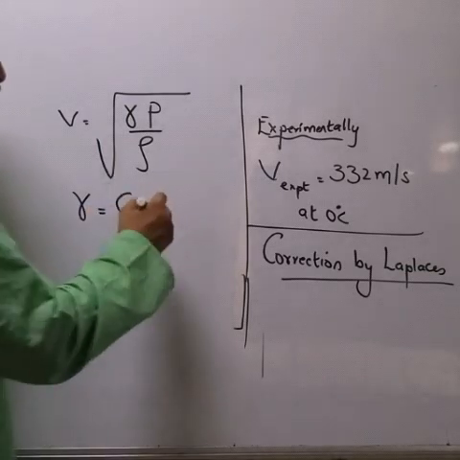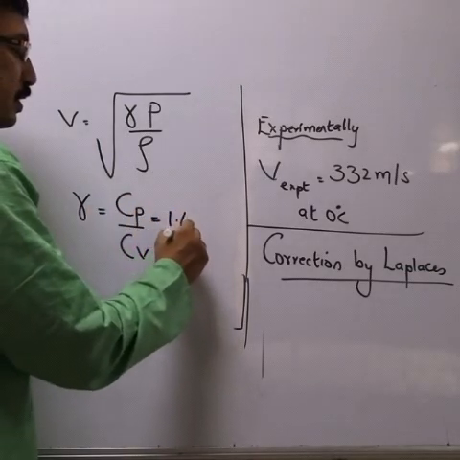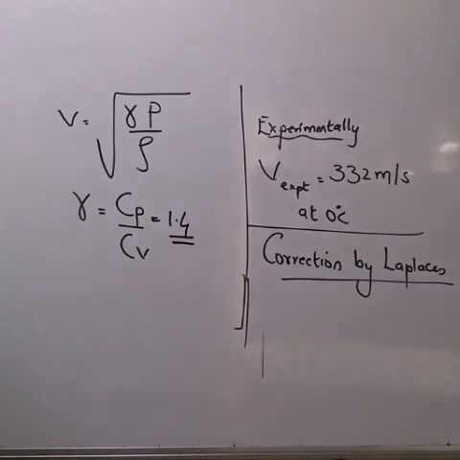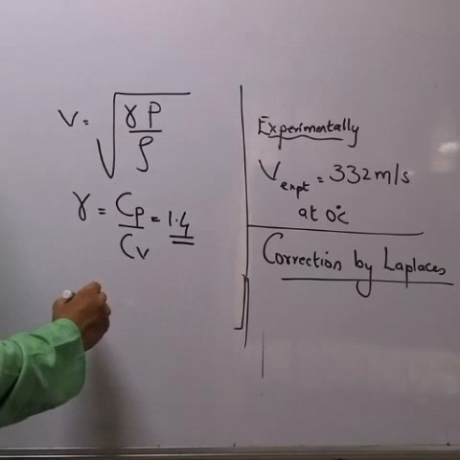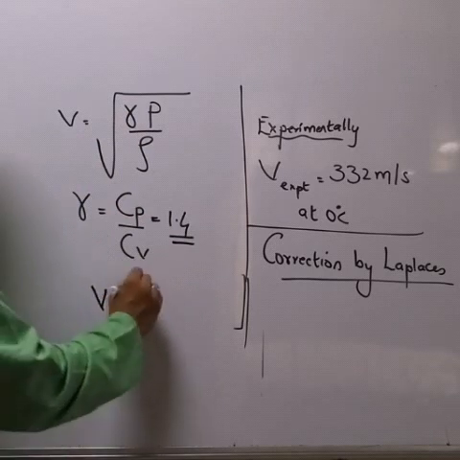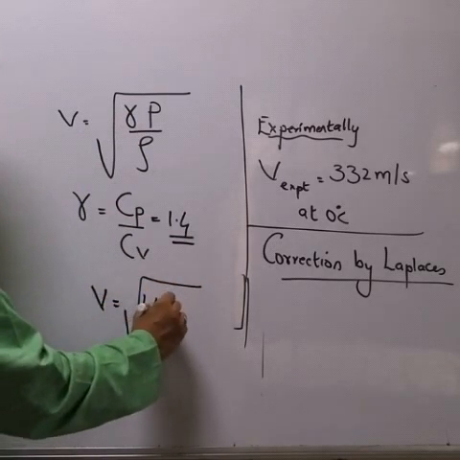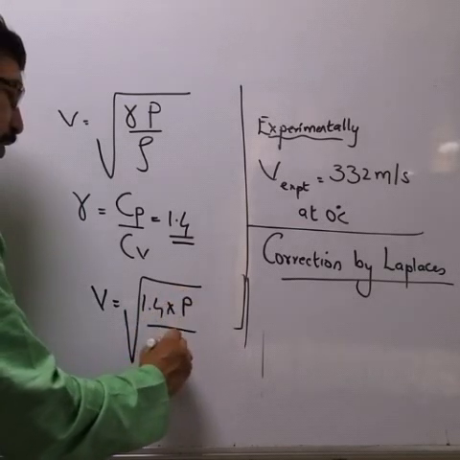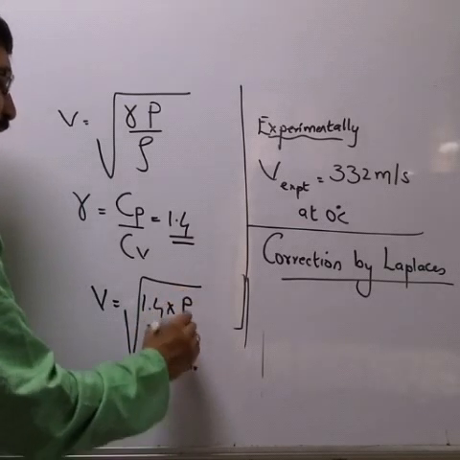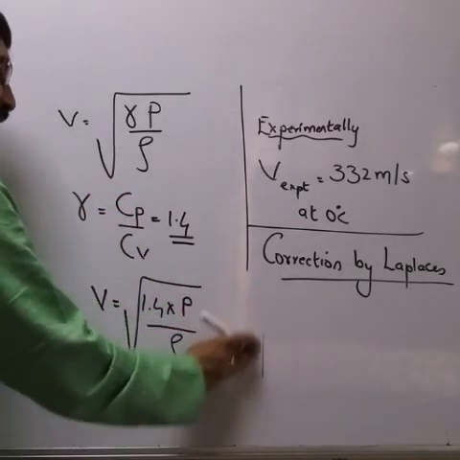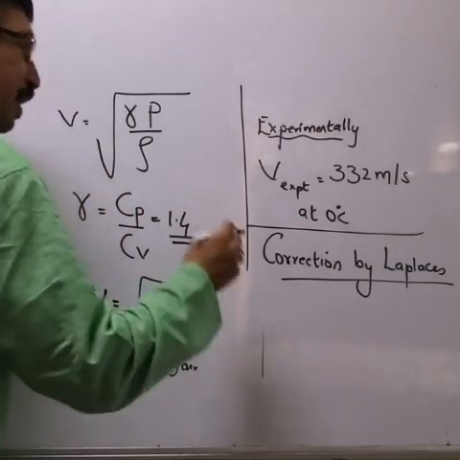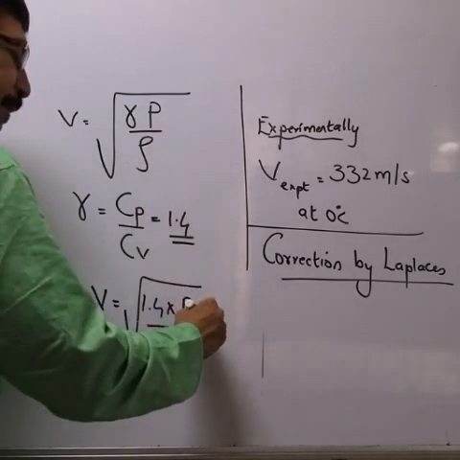And this ratio is equal to 1.4. And this 1.4 is put in this formula, V equal to the square root of 1.4 into pressure of air upon density of air.